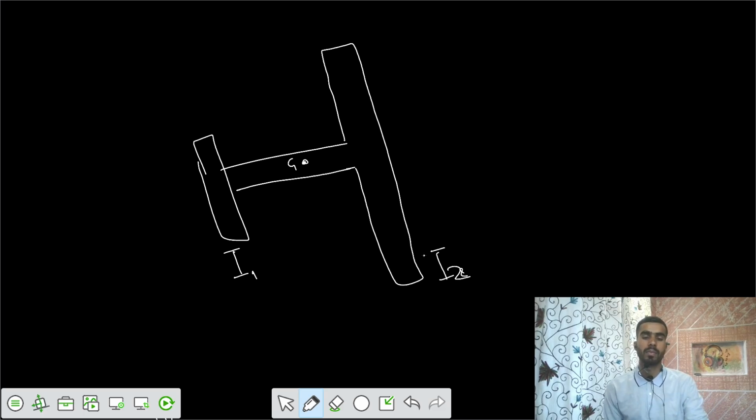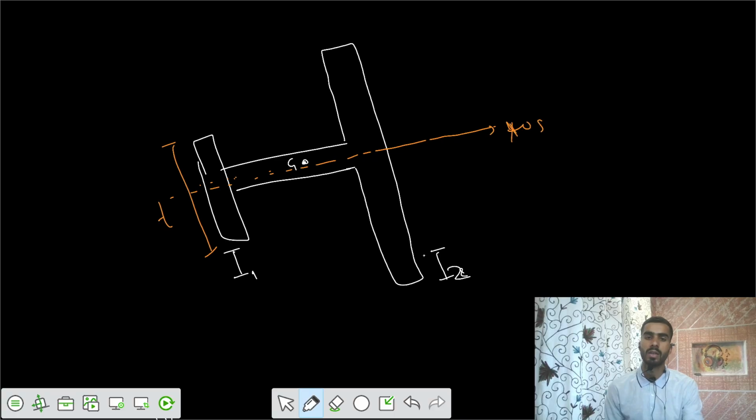We know that if you have two axes of symmetry, let's say this is some thickness T, and the web is equally spaced. I would say we have one axis of symmetry, and along this axis of symmetry we can have the shear center. We have only one axis of symmetry for an unsymmetric I section.